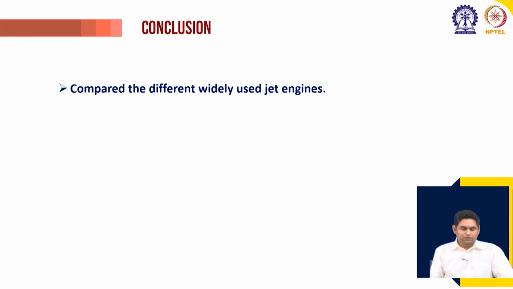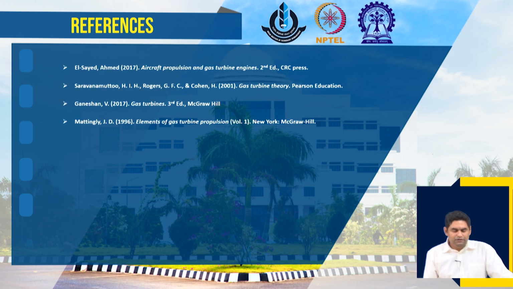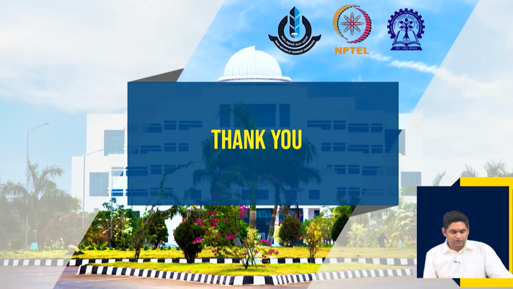Okay. So, with this we come to the end of today's class. We have compared the different widely used jet engines today, and we have seen how they quantitatively compare for the same flight conditions, and how the specific thrust and the thrust specific fuel consumption change. These are the references. Thank you.